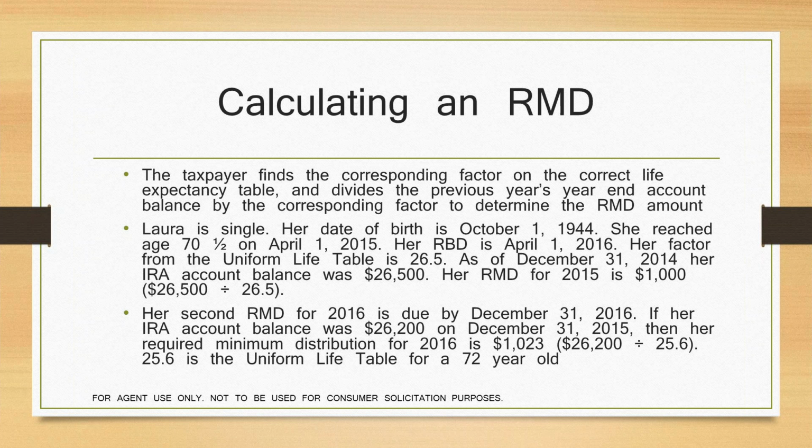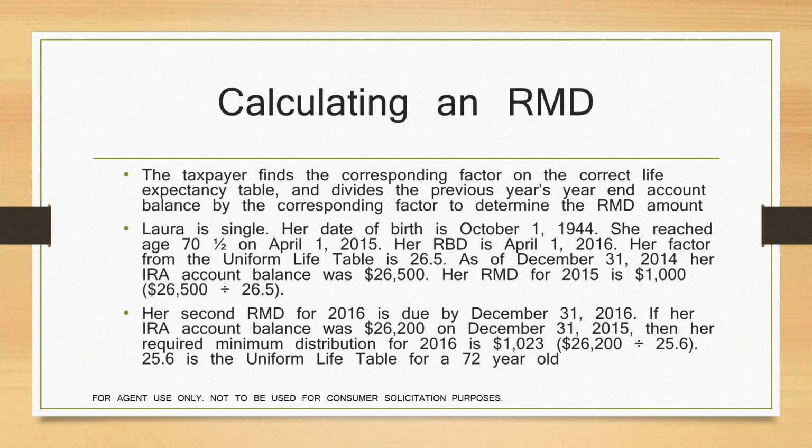She turned 70.5 on April 1st, 2015. She must take an RMD for 2015, and her required beginning date was April 1st of 2016. Her factor from the Uniform Lifetime Table for that 2015 RMD is 26.5. If her account balance was $26,500, her RMD would be $1,000. We worked out the numbers to make the math easy.